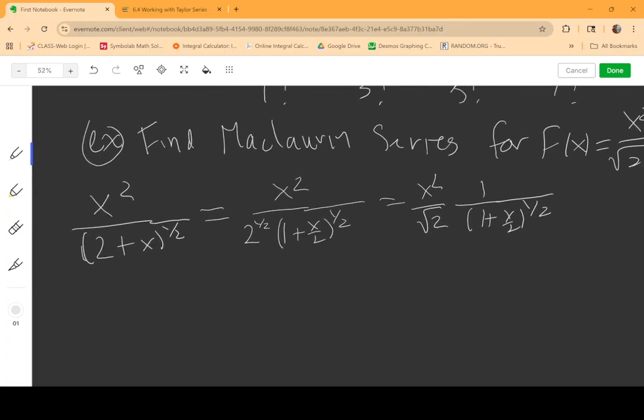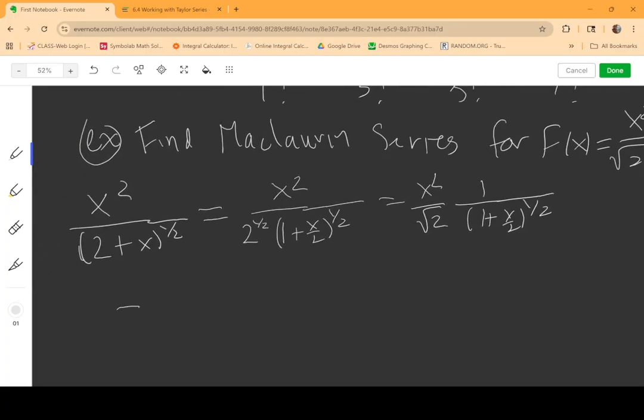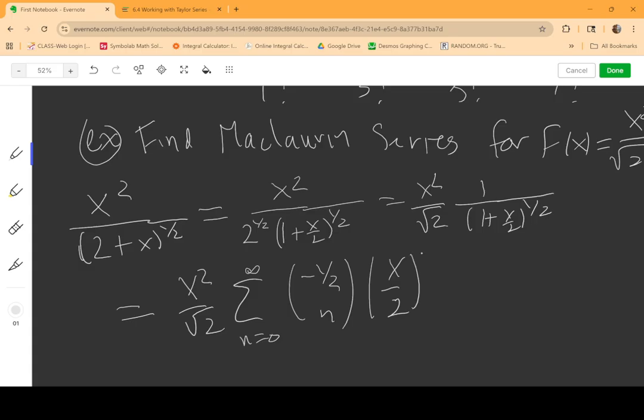So now I can write my f of x to be x squared over root 2. Again, I write it outside the sum notation, so it doesn't depend on n. So n goes from 0 to infinity of -1/2 choose n, and we get x over 2 to the n power.